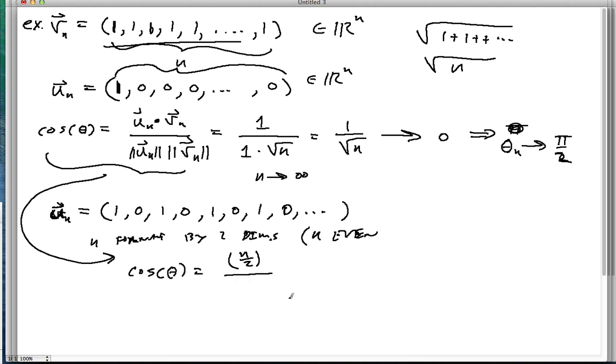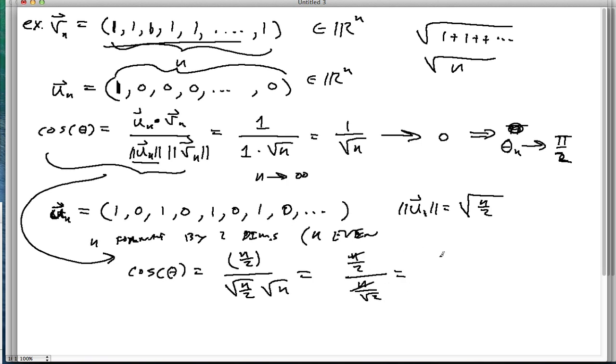And then down below, we have root n. And now what's this one going to be here? What's the norm of this? The norm of un is going to be, of course, root n over 2. And we can combine these things together. We have an n over 2, and a root n times a root n becomes an n over root 2.